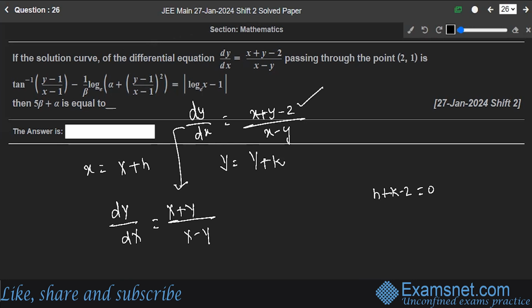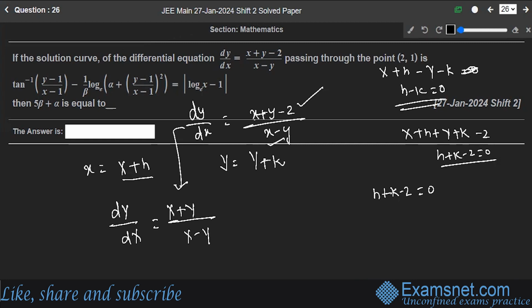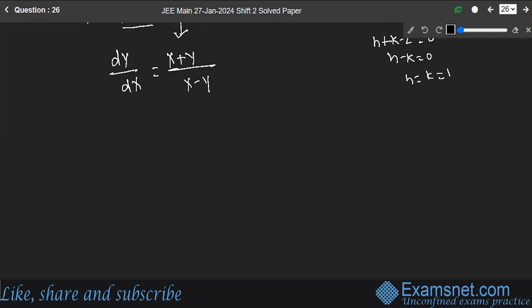Similarly, from the denominator, x plus h minus y minus k, from here h minus k should be equal to 0. So these are the two equations. From both of them, you will have h equal to k equal to 1.